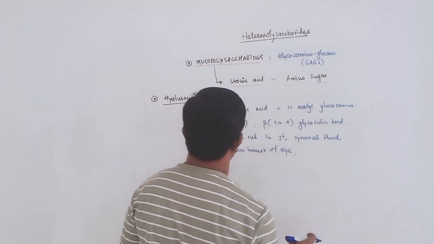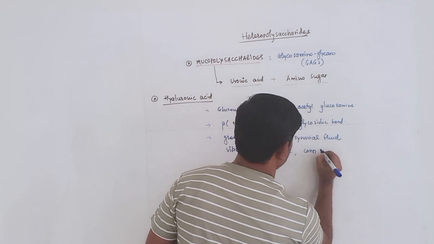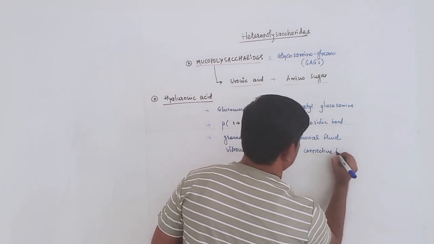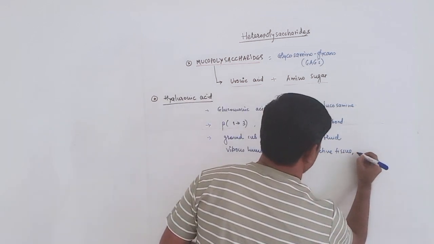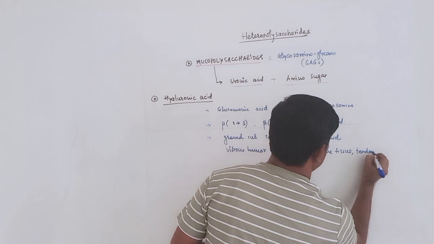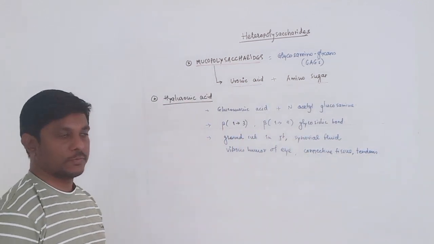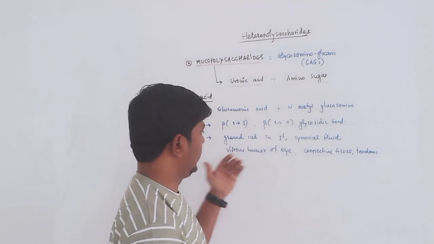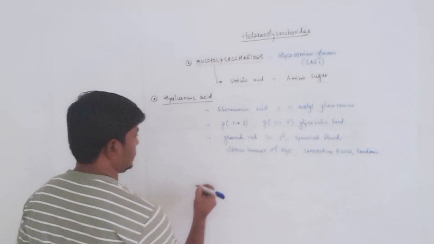It is also present in connective tissue and tendons. Okay, so it acts as a ground substance in joint, synovial fluid, vitreous humor of eye. It is also present in connective tissue and tendons.